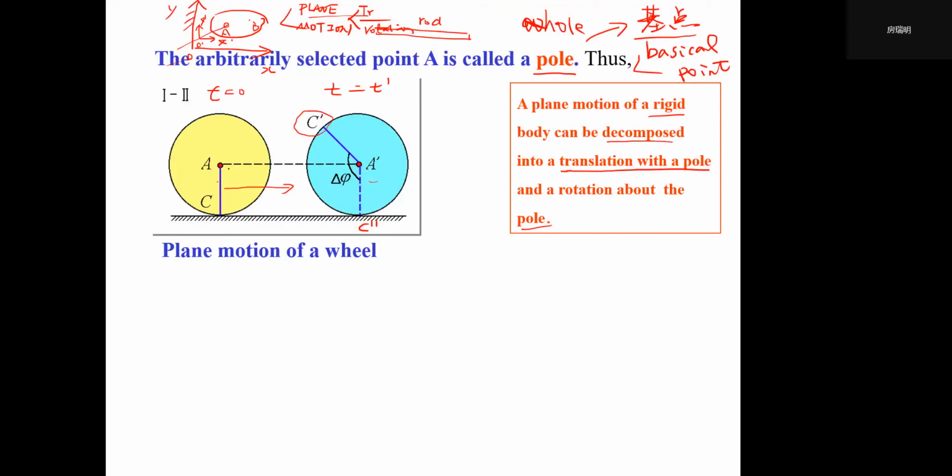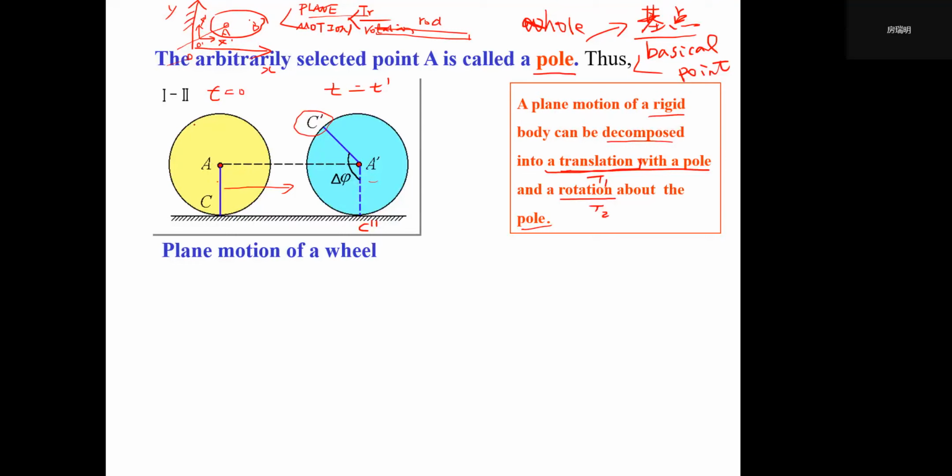Actually, this translation and this rotation happened simultaneously, but we can decompose into two parts. So we can think about that translation happened first, then rotation happened second. T1, T2. We also can think about that.